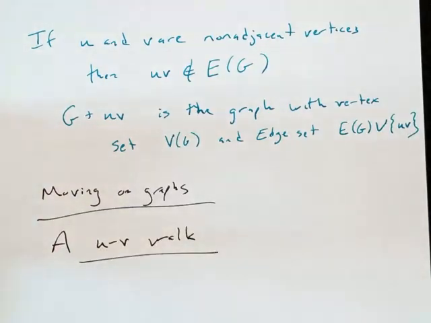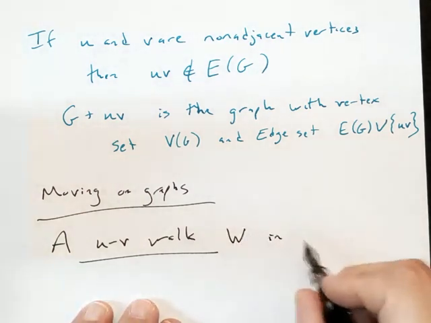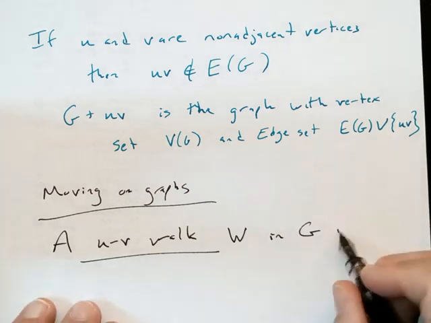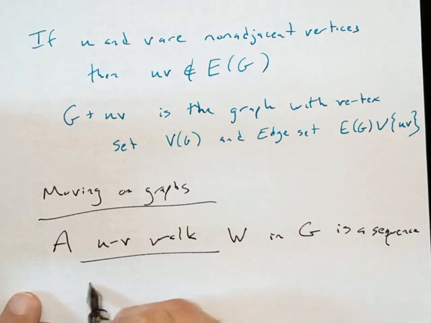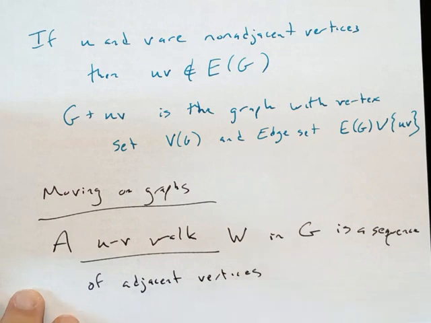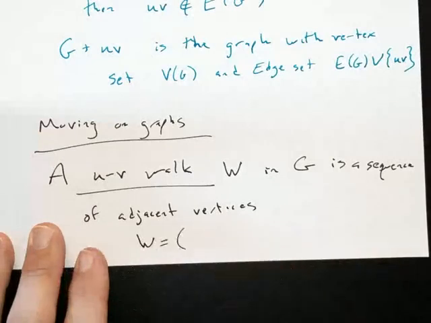So a walk, a UV walk, call it W, in a graph G, is a sequence of adjacent vertices. It starts at U. So W will be an ordered set.